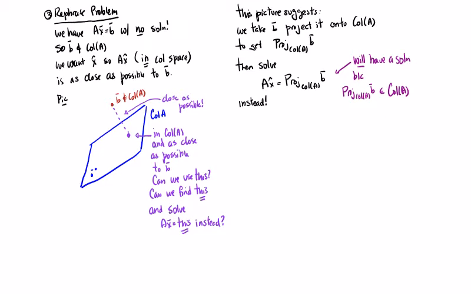The point is that by projecting down into the column space of A, we can solve Ax hat equals that new vector, and that will get us the result. Now this is not a proof, this is just a suggestion. So there are two things that have to happen now. One, we need to show that doing this will actually work. And two, we need to find a shortcut, because this actual process of projection is ugly, and so we'd like an easier way to do it.